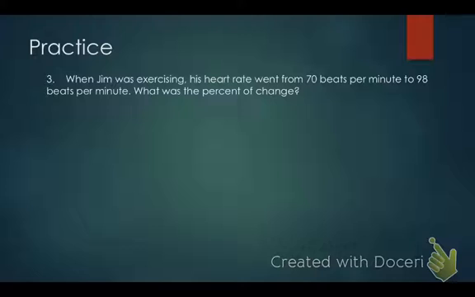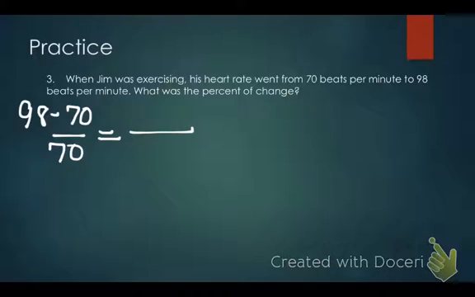The final one says when Jim was exercising, his heart rate went from 70 beats per minute to 98 beats per minute. What was the percent of change? To find how much it changed, I do 98 minus 70. Always put the original starting point. His heart rate was at 70 beats per minute when he started, so that goes on the bottom. And if I'm looking for percent, it'll be x over 100.